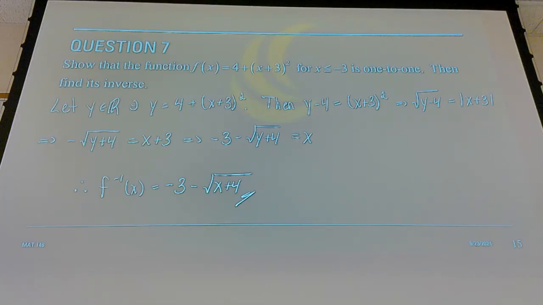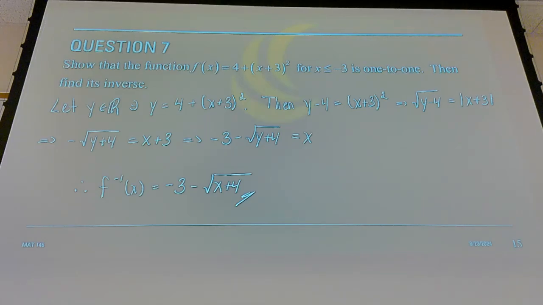And again, you can use this to easily find what the range is for f. Range would have to be 4 to infinity, inclusive. Right, because the domain of f inverse would be 4 to infinity inclusive.